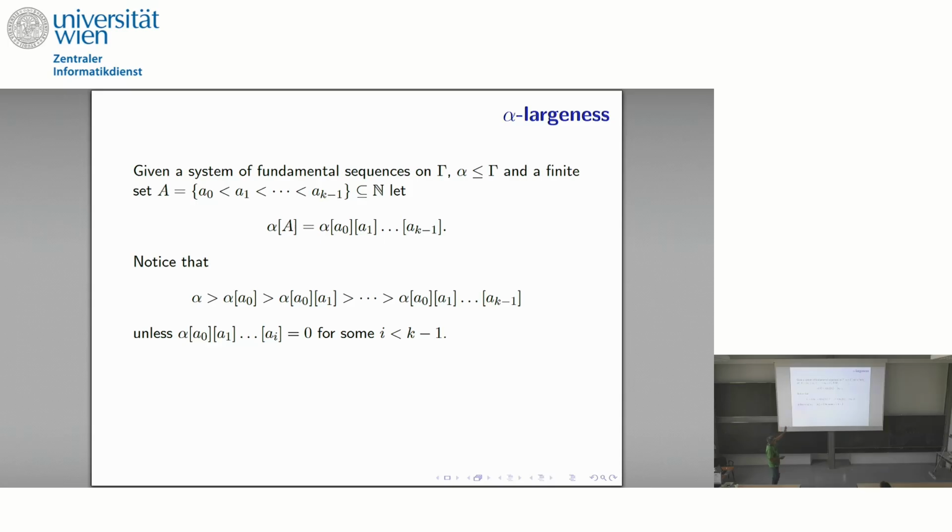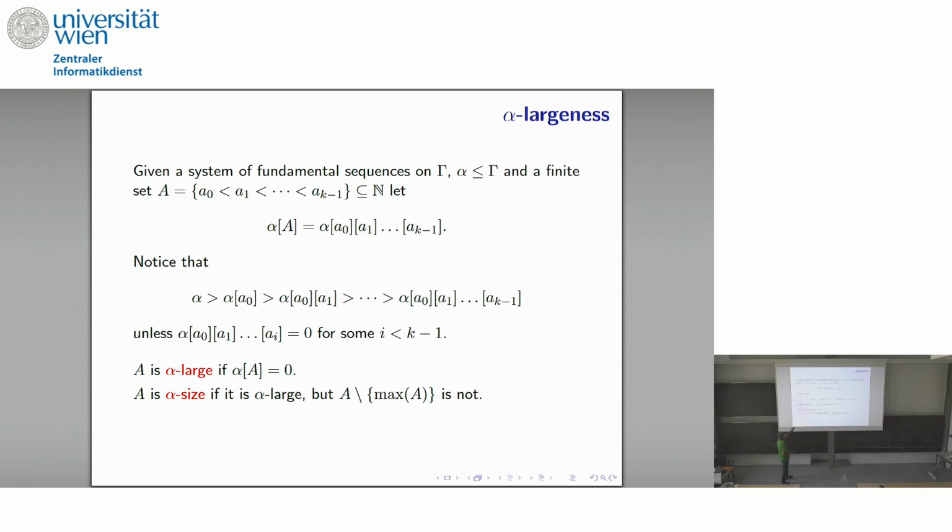Here you obtain a strictly decreasing sequence of ordinals unless you hit 0. If you hit 0, then you are stuck at 0, but if you don't hit 0, you are always going down. And so you define A to be alpha large if, using the set A, you actually get to 0. That's the notion of alpha largeness.